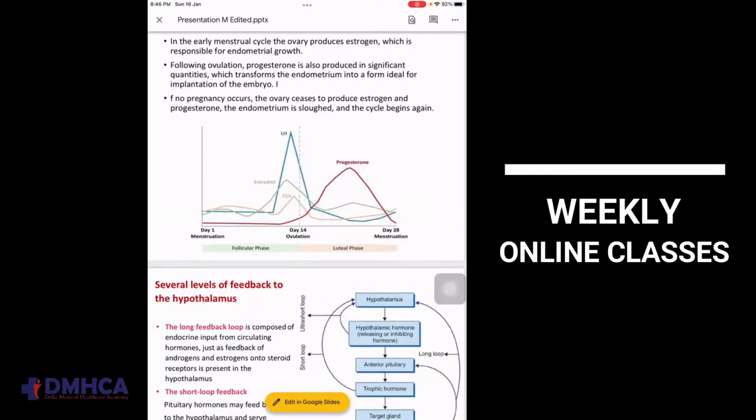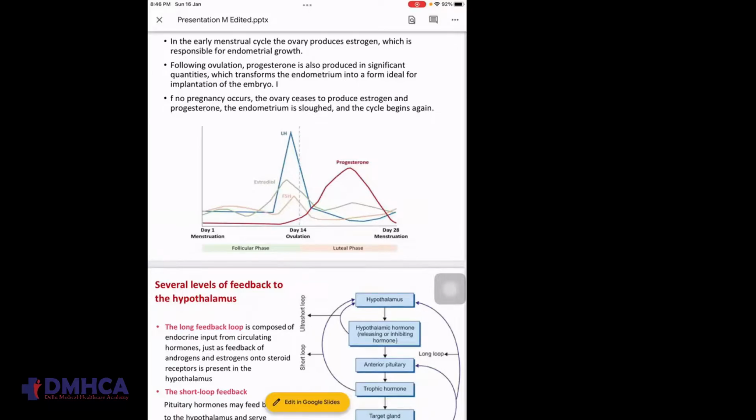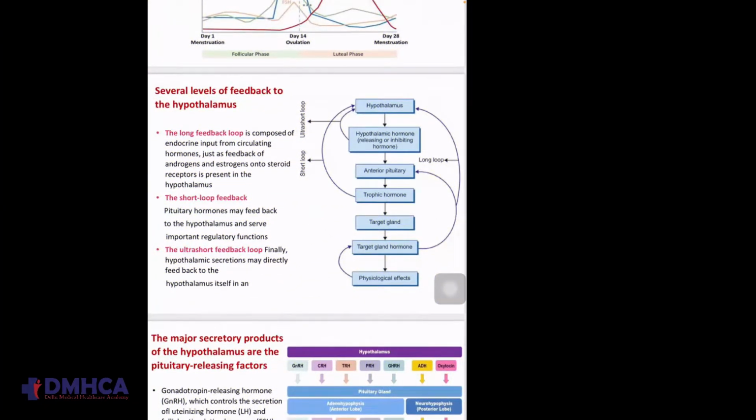Why did it stop? Because FSH is not there. So estrogen is going down, and obviously progesterone will also go down because there is no pregnancy, and the corpus luteum will shed off. There is a feedback by nature in our body: long feedback, short feedback, and ultra short feedback.